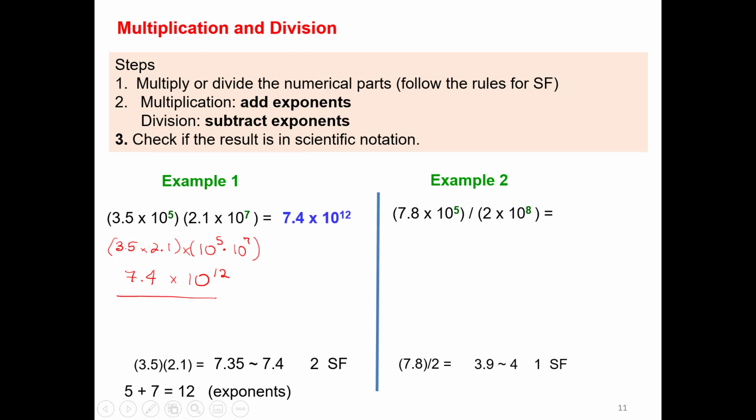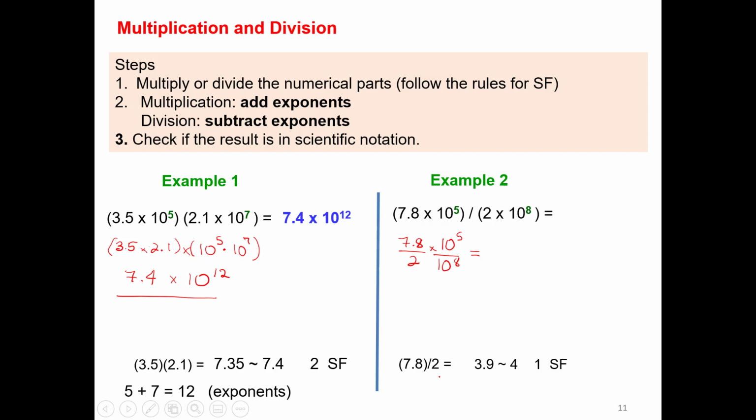Let's try the second one. In the second one, we are dividing. We had 7.8. We divide the numbers, and also we need to divide the power of 10. 7.8 divided by 2 equals 3.9.